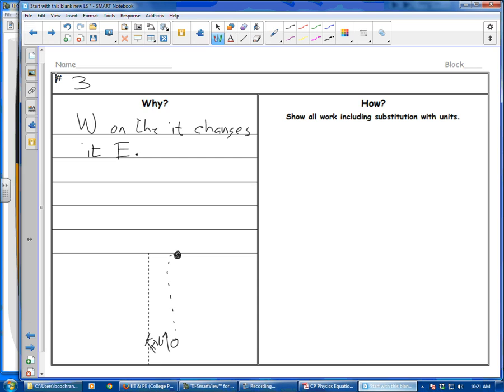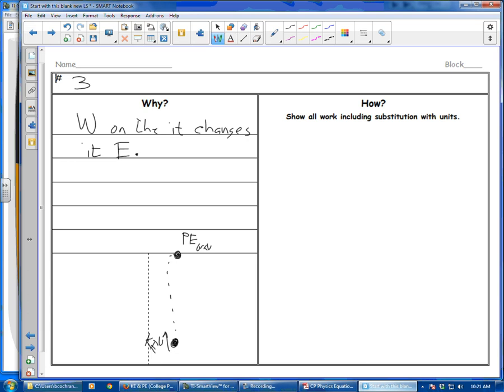Does it have lots of kinetic energy still at the top? No, because it stops, right? That's why it changed direction. So at the top, it's going to have a lot of potential energy gravitationally. Because as it went up, the weight of the rock did work on it and changed its kinetic energy to potential energy.